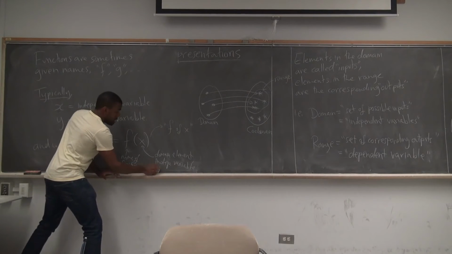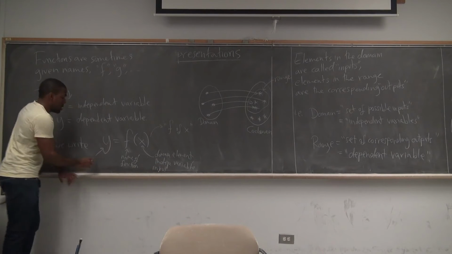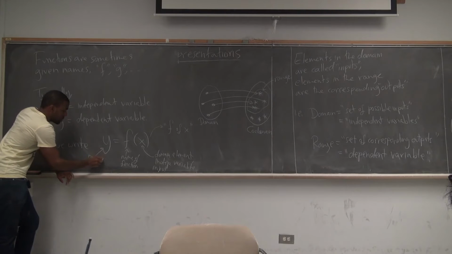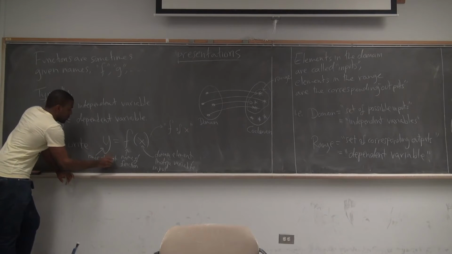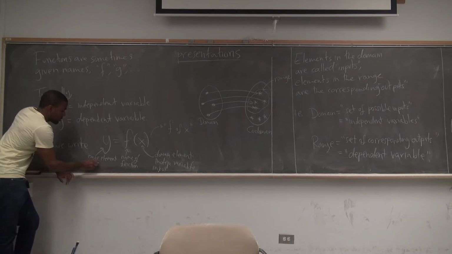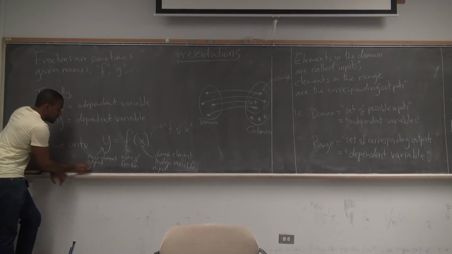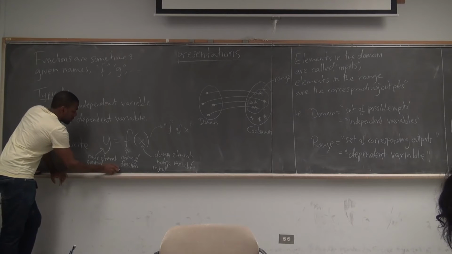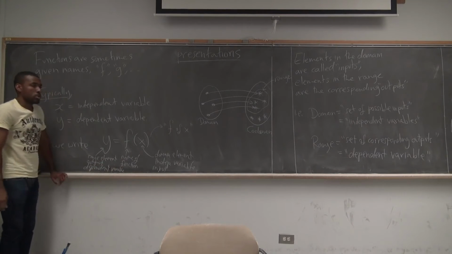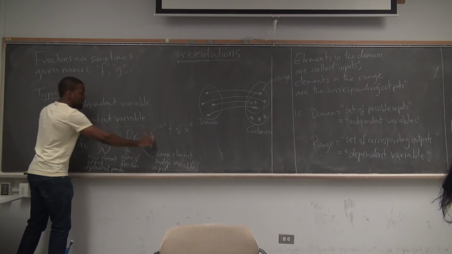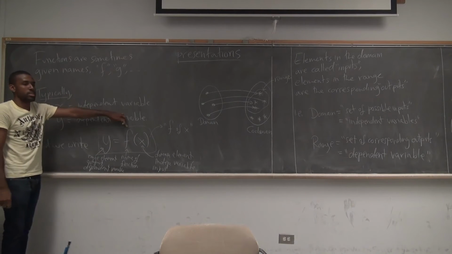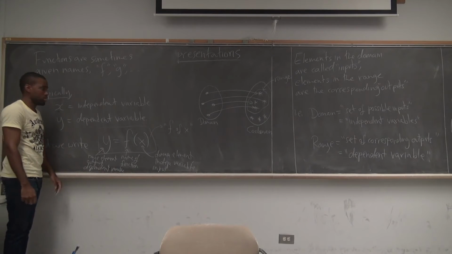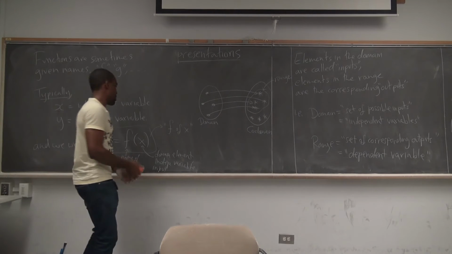It's an input, is another way you can think of it. And this is the range element, which you can think of as the output, or the dependent variable. So when you write this notation, what you're saying is that there's a function whose name is f, where when I give the input x, the output is y. That's what it means when I write down y equals f of x.